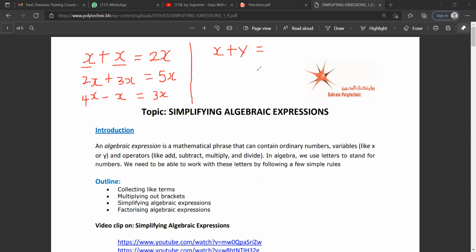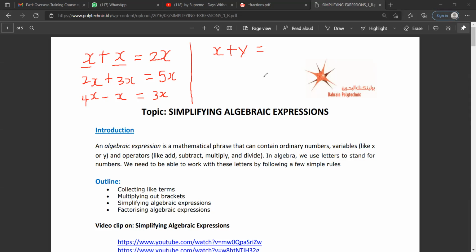Somebody said xy. All right, so one thing with algebra is that you cannot add different variables. In this situation, we notice that there are 2 different variables. You have an x and you have a y. They are unlike. They're not the same.